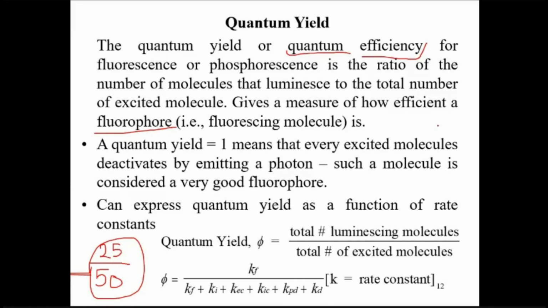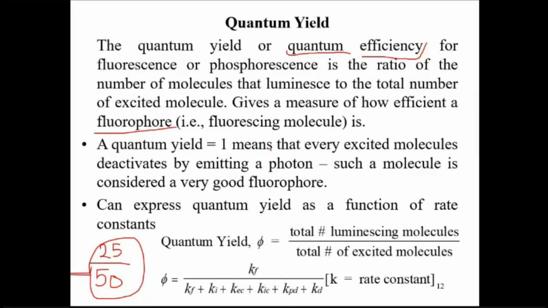Like in a molecule, the part of the molecule which is responsible for absorption is called the chromophore. See, the entire molecule cannot be a fluorophore. Impossible. There will always be some part of the molecule which is responsible for fluorescence.